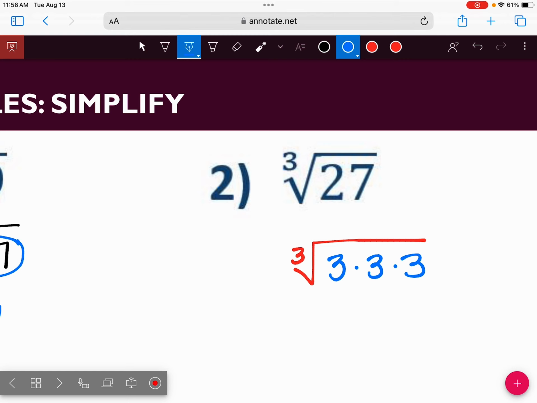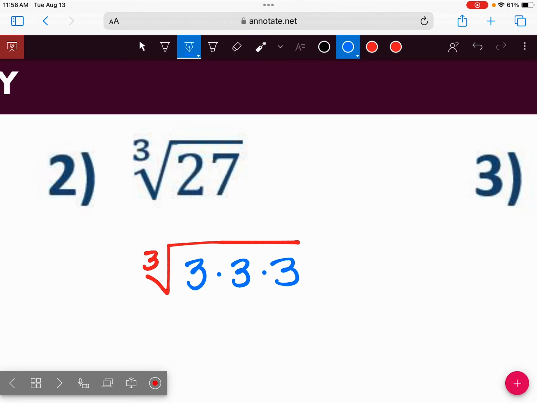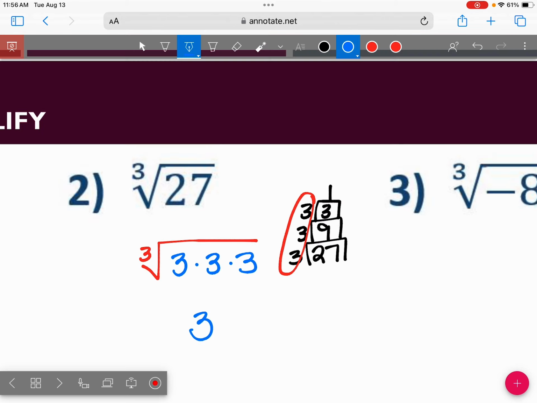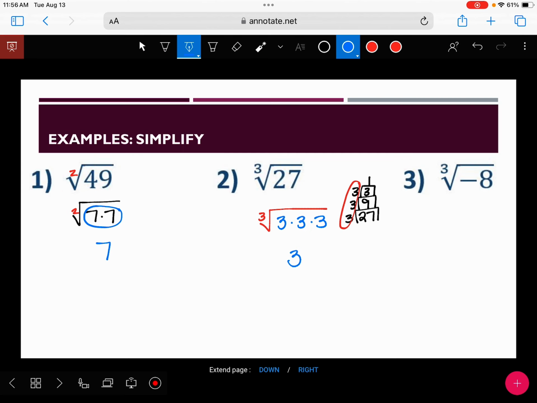If you were to make a factor tree or a cake, which we're not, I don't have time, but if you wanted to do that in your homework or on the test, if you were to take 27 and keep dividing it by 3, you would see that 27 is composed of a triple of 3s. So when the index is 3, that means I need a group of 3s. I need a group of 3 numbers. And I do have a group, and that would be of 3. So that's why the cube root of 27 is 3. Let me zoom out. So this is my answer.